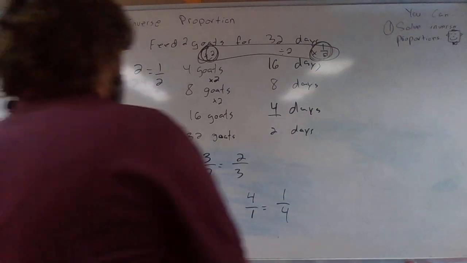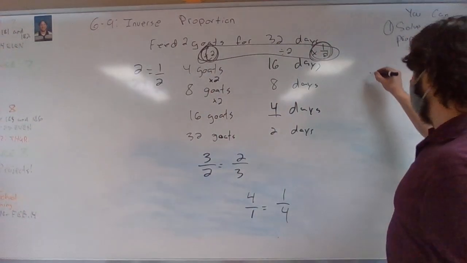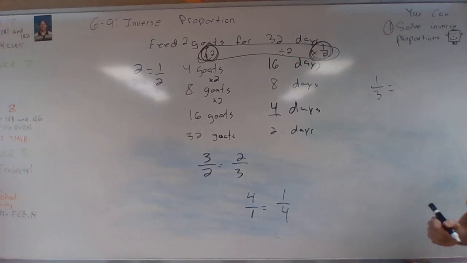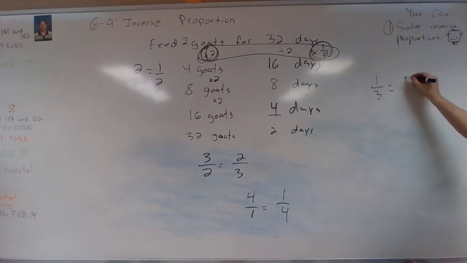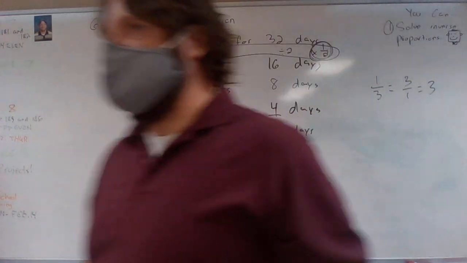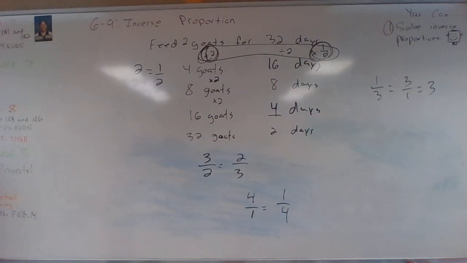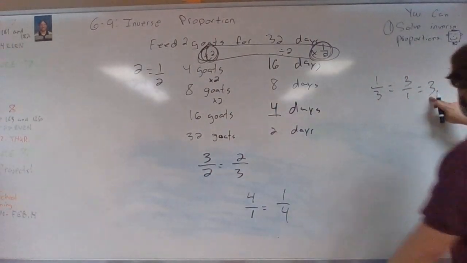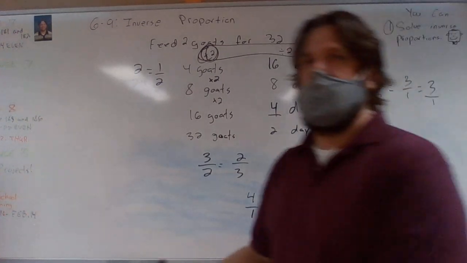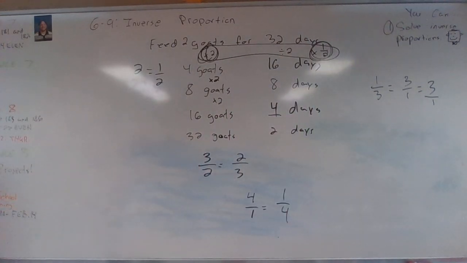Reciprocals. And everything has a reciprocal. Yeah. What's the reciprocal of 1/3? 3 over 1. Yeah, 3 over 1 or just 3, you could say. Yep. So that's what a reciprocal is. We just flip it around. And even if it's a whole number like 3, you can convert any whole number to a fraction by merely putting a 1 underneath it. That's how you can convert a whole number that doesn't appear as a fraction into a fraction.